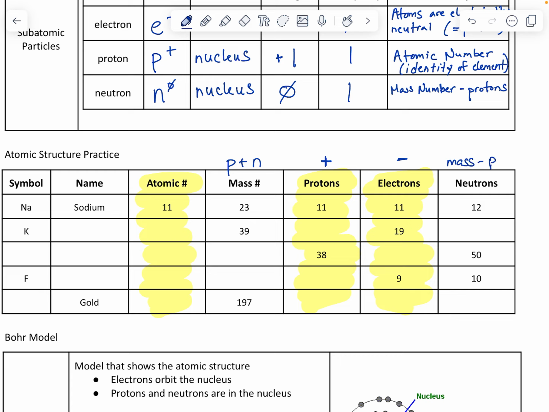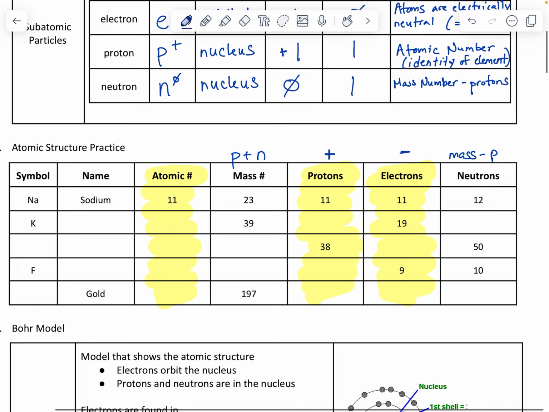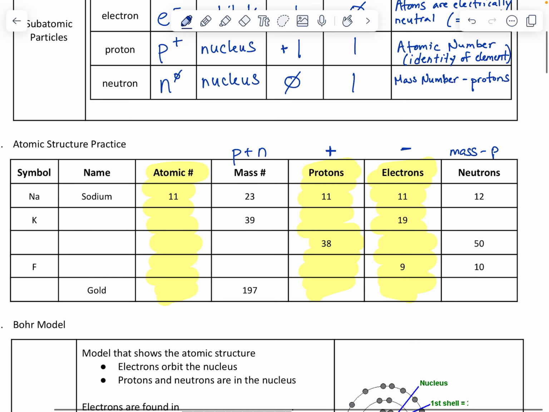Of course, that's mass number. So when we're going through, we see that sodium has 11 protons, which again is its atomic number, which is why we know it's sodium, because that's the identity. It also has 11 electrons because the positives and negatives have to cancel each other out. And then neutrons we get based on the mass number minus the number of protons there.